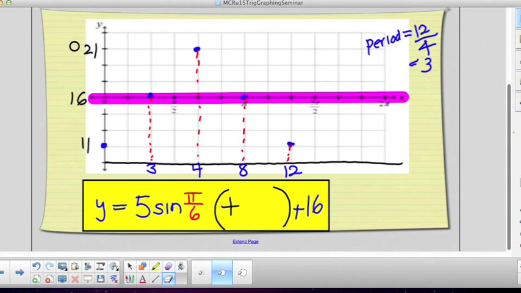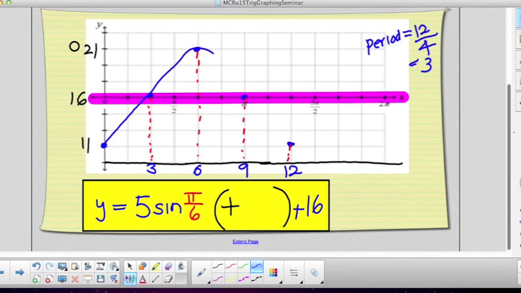Oops. I can't count today. Okay, so it's going to go up by 3 hours every single time. So 3, 6, 9, 12. There we go. So those are your corresponding x-coordinates. 3, 6, 9, 12. Now let's actually connect the dots.